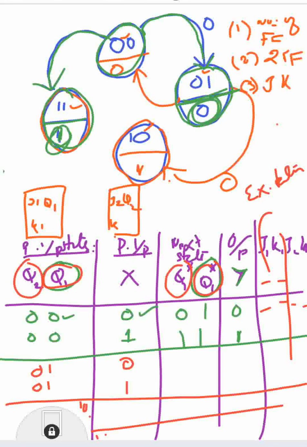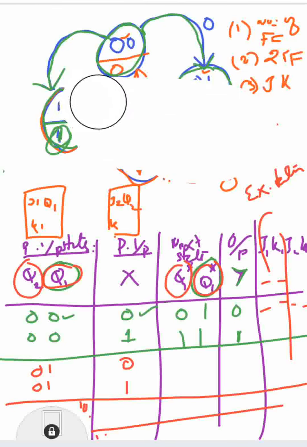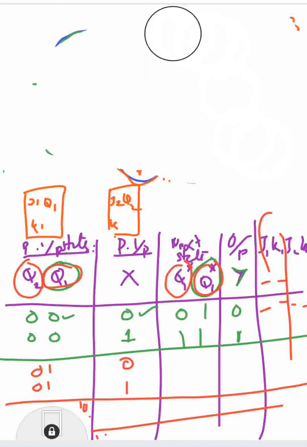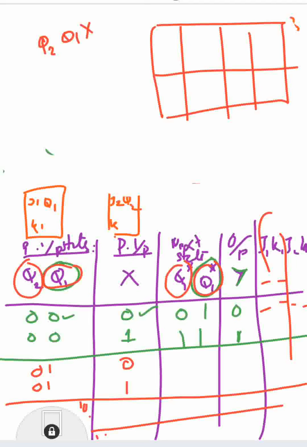And after that, simplify using K-map. How will you simplify using K-map? Your inputs are Q2, Q1 and x. So you have to draw a 3-variable K-map for finding every variable. First you are going to find the value of Y. For that you will be taking Q2, Q1, x.